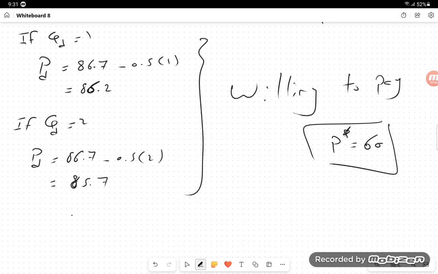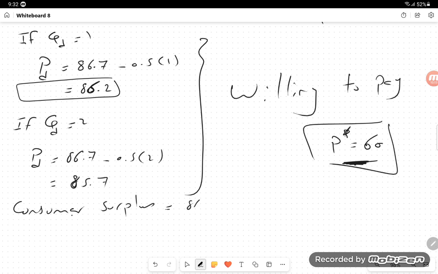So we have a consumer surplus, which is the difference between the price consumers are willing to pay and the actual amount paid by the consumers. So for 1 unit, consumer surplus will be 86.2 minus 60, which is 26.2.